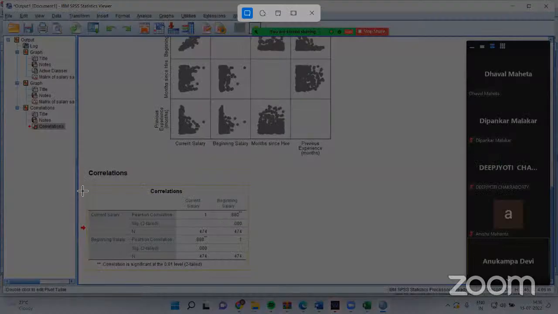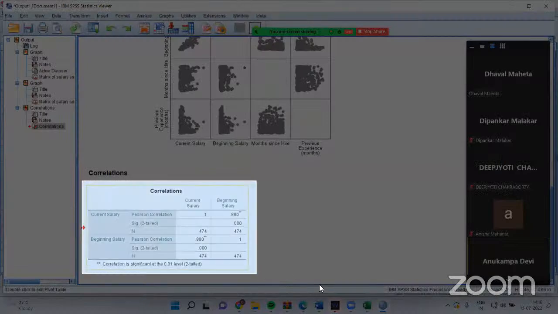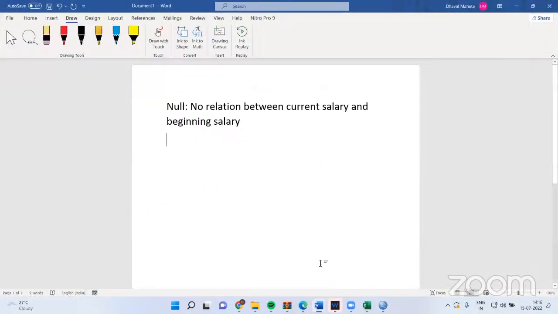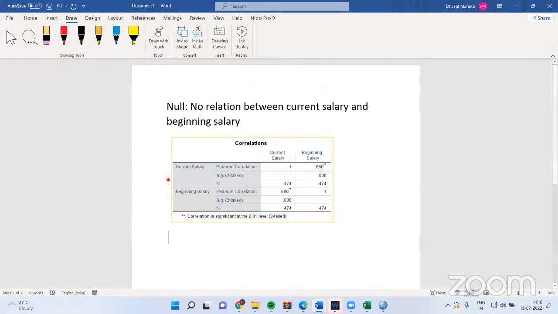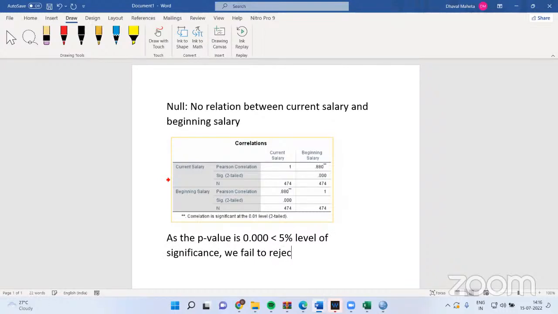So how will we write it technically? As the p-value is less than the 5% level of significance, we reject the null hypothesis.